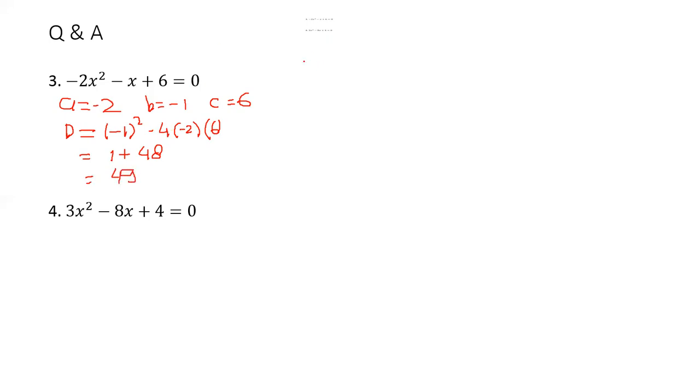All right. I'm going to use the formula to find the roots of this quadratic equation. x1 and 2 equals -b plus minus square root of d over 2a.